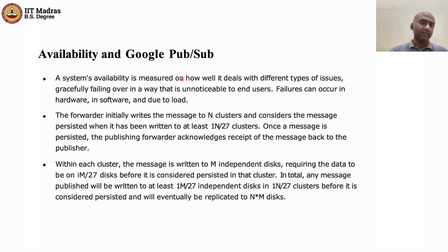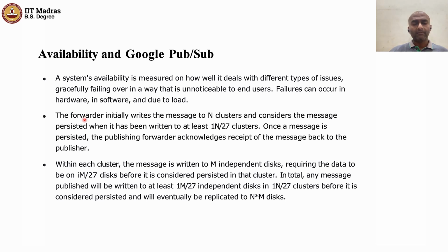So what kind of failures can occur? Because it's a PaaS service, first and foremost, the hardware and the backend server software can fail. And obviously, there could also be failures related to the load, related to the scale of the system. So let's go back to the internal architecture.